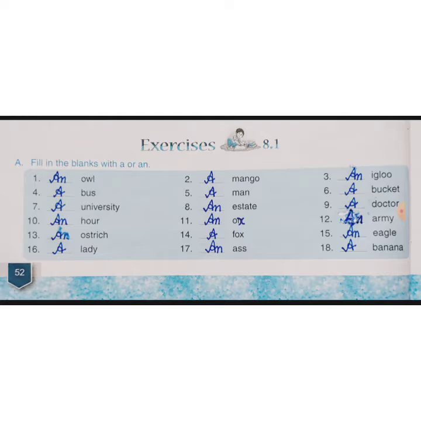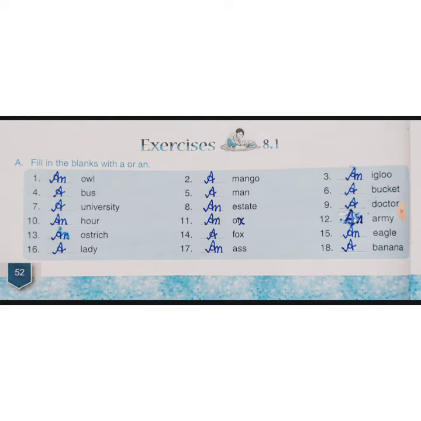Second is dash mango. It is starting with M and you can see that consonant sound is coming. So we will use a. A mango. Dash igloo. I, vowel. So we will write an igloo.